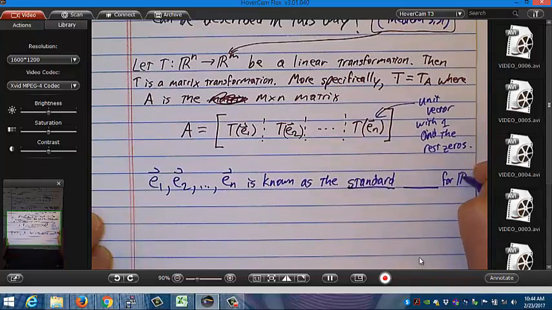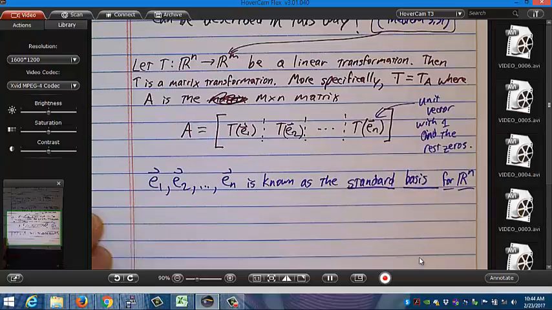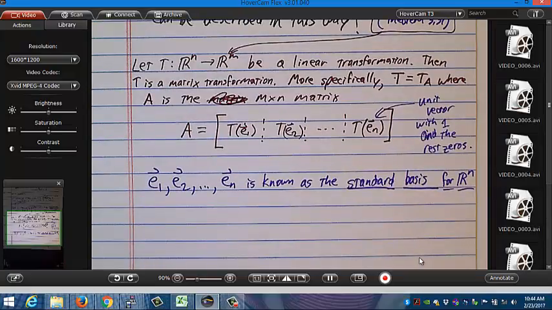Do you know what I'm going to put in the blank? Basis, that's right. It's the standard basis because they span Rn. Any vector in Rn is a linear combination of these. And they're obviously linearly independent too, because when you put them in a matrix, they're going to be rank n.